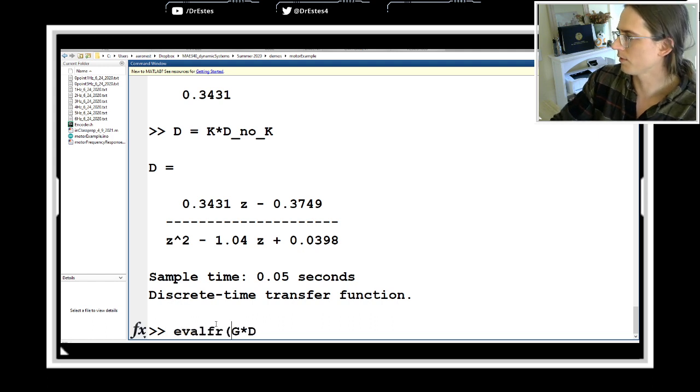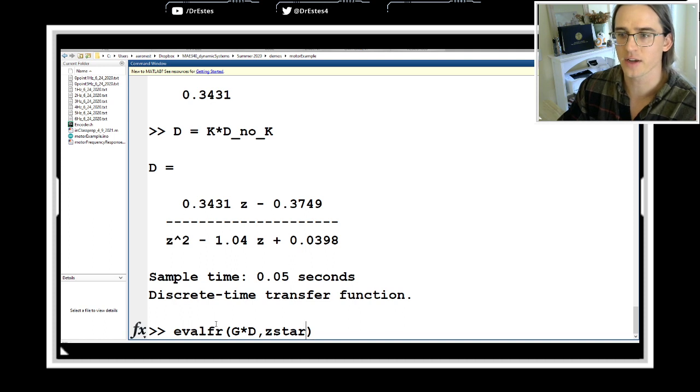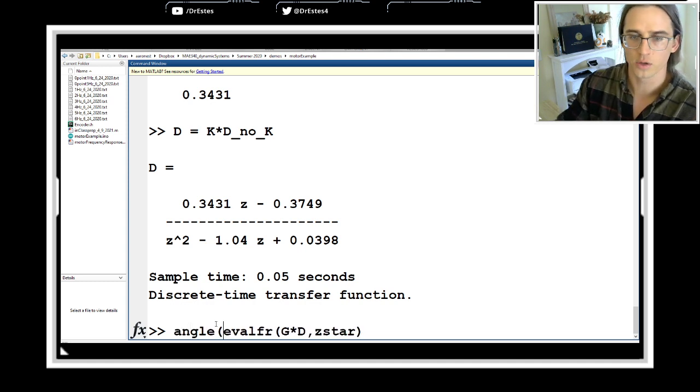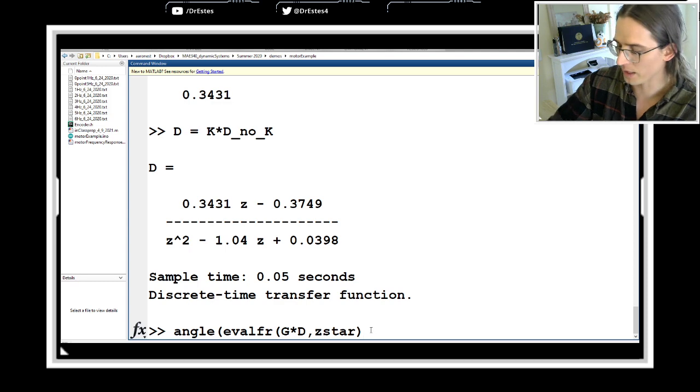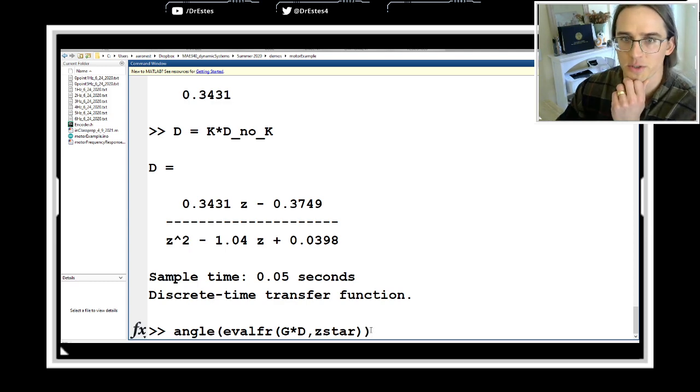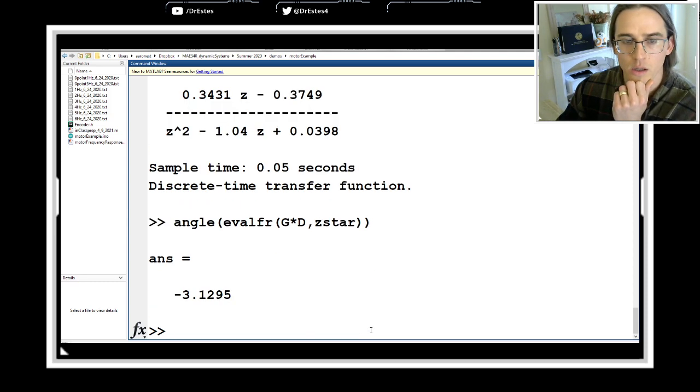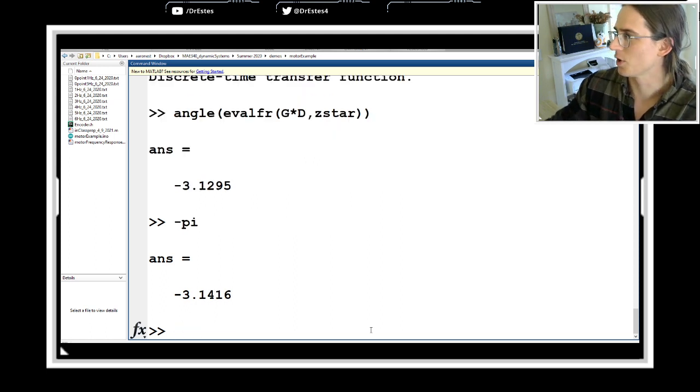Okay, eval. So let's check if I satisfy the angle criterion. So I take the open loop transfer function, I evaluate it at Z star, and I take the angle. Remember, if I did my work right, this should be equal to plus or minus pi. So it's equal to almost minus pi.